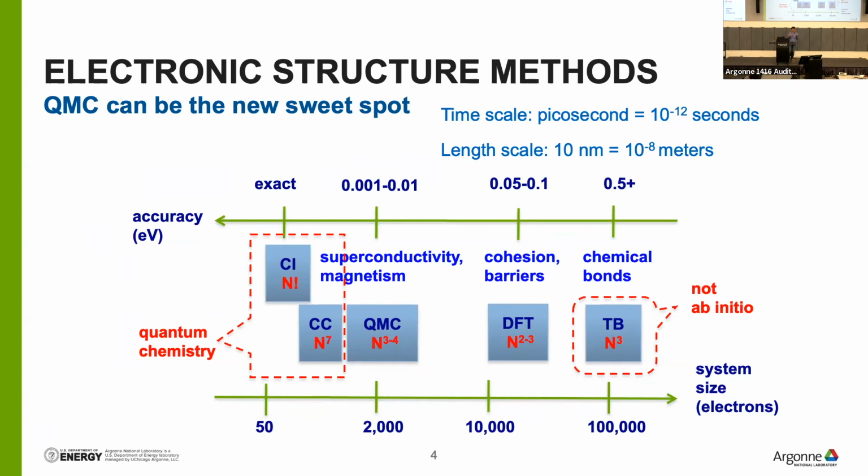In between, what most people actually use in the field is density functional theory. It's a very good tool for studying a lot of materials, and gives you qualitatively correct results. I'm working on a slightly more advanced many-body method, which is called quantum Monte Carlo.